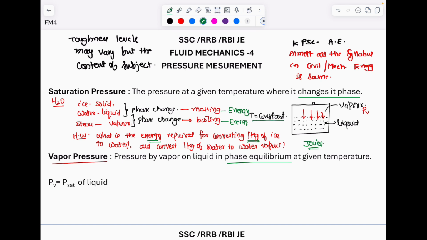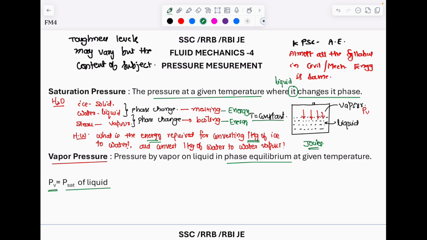Temperature is always constant, we put temperature as constant. Constant means given temperature. The pressure at a given temperature where the liquid changes its phase, from liquid to vapor, that pressure is called the saturation pressure of the liquid.